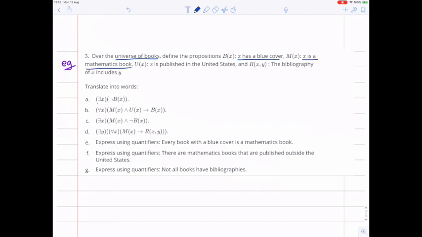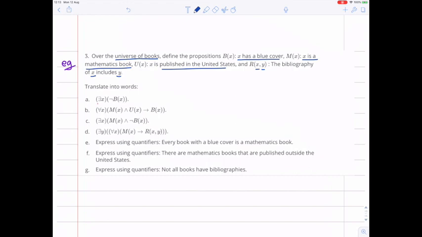U, so be a little bit careful here, U is that the book is published in the United States. And R, notice this is a statement that includes two variables, X and Y, says the bibliography of X, so that's book X, includes book Y. So maybe pause the video and see if you can work through these, and then when you're done, come back and we'll talk through them.